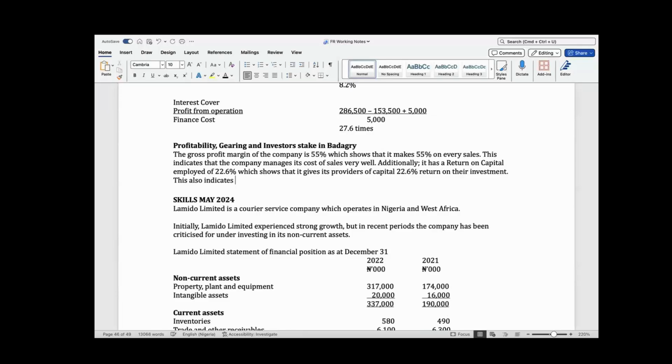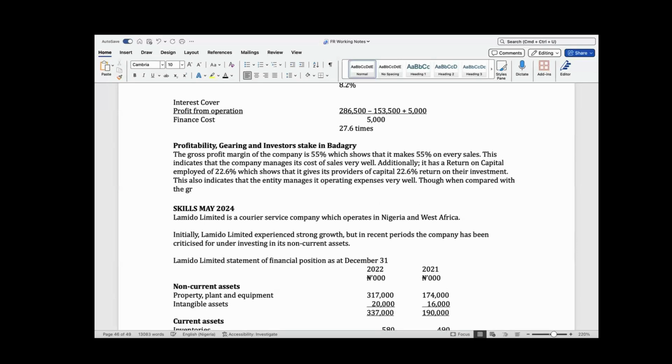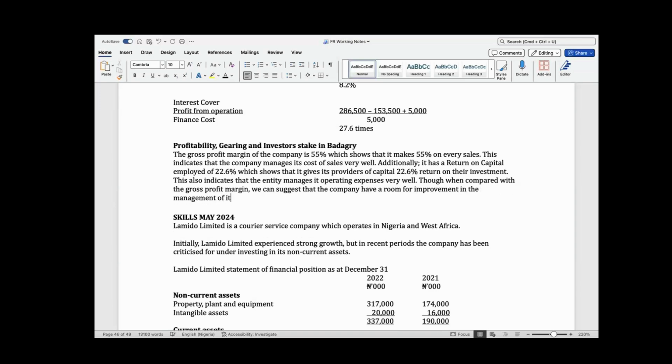This also indicates that the entity manages its operating expenses very well, though when compared with the gross profit margin, it suggests that the company has room for improvement in the management of its overhead.